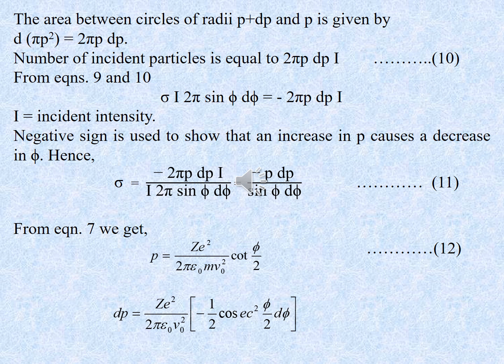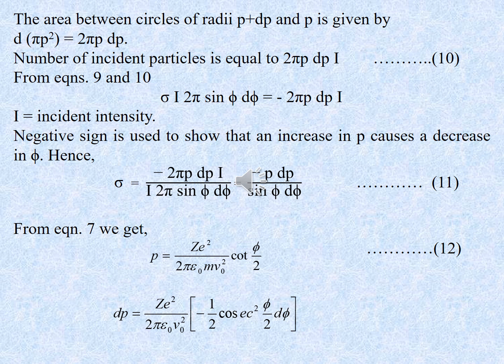The negative sign shows that an increase in p causes a decrease in φ. Hence, σ is equal to minus 2πp dp I by I 2π sin φ dφ, that is equal to minus p dp by sin φ dφ, equation 11.